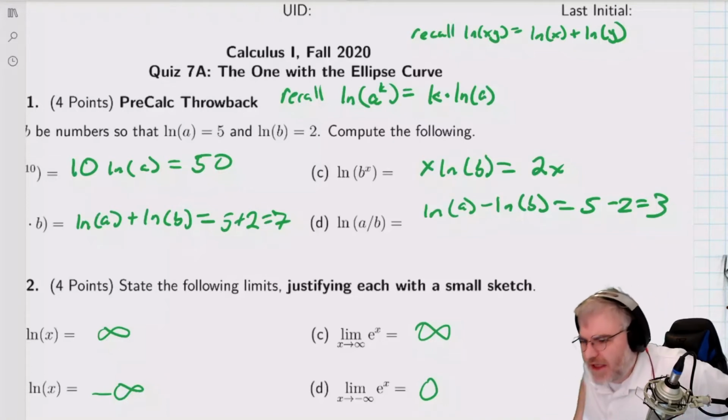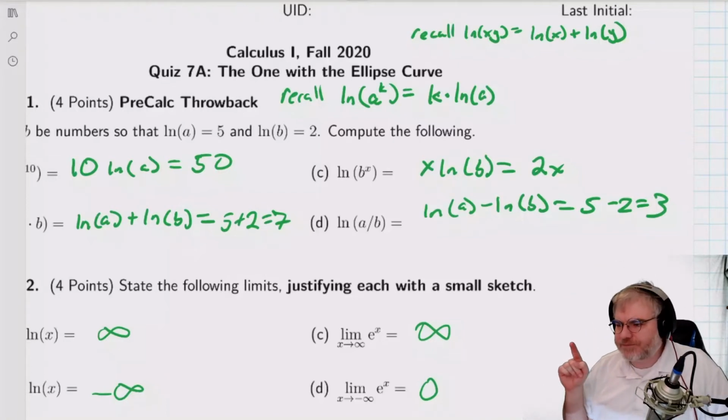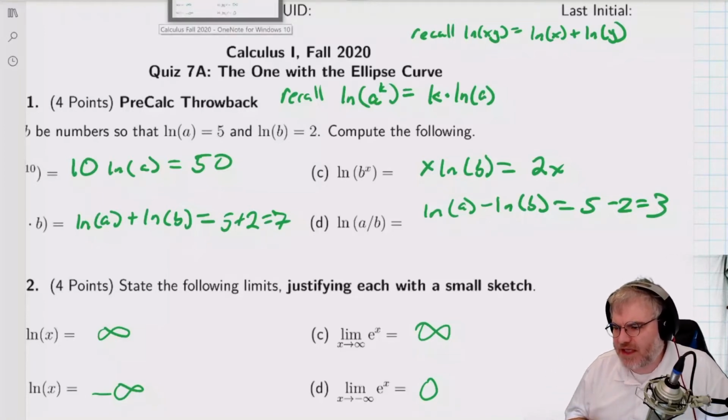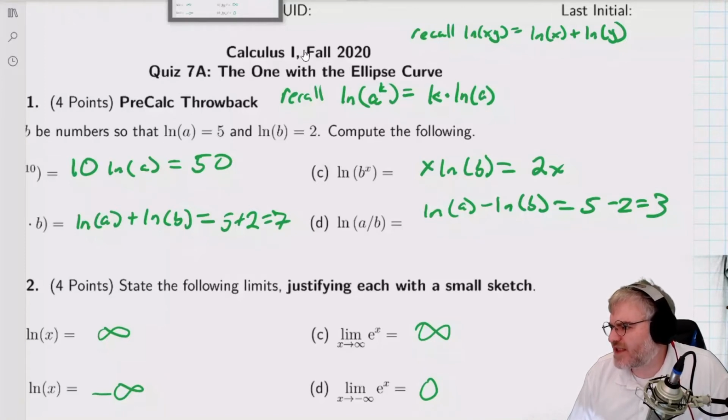So I posted the Precalc review activity on WebAssign. That was due last Friday for this stuff. So go ahead and pull it. If you haven't done it, go ahead and request an extension and get that done. And if you're still not comfortable with them, there are some review sheets: if you go to files and you go to activities and you go to module 0 review, there's two on exponentials, one on exponential and one on logarithm.